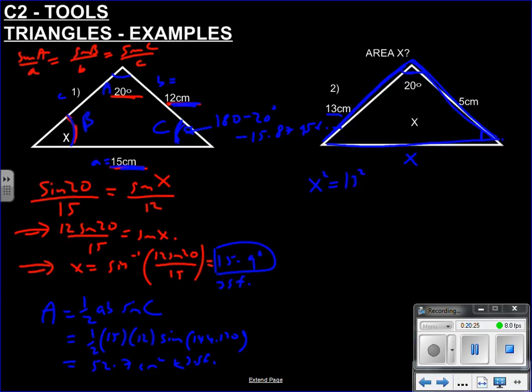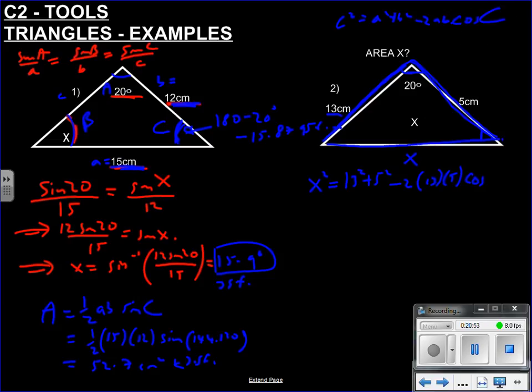Therefore, as I'm trying to find x squared, it's going to be the other side lengths squared and added to each other, because remember, c squared is a squared plus b squared minus 2ab sine c. So 13 squared plus 5 squared minus 2 lots of 13 times 5. Ugh, epic error. Not ab sine c, ab cos c.